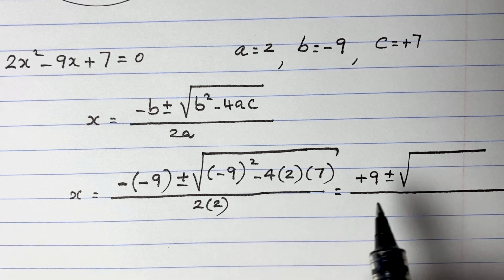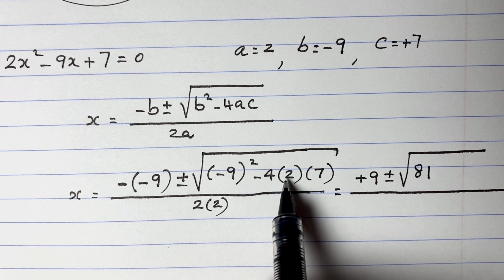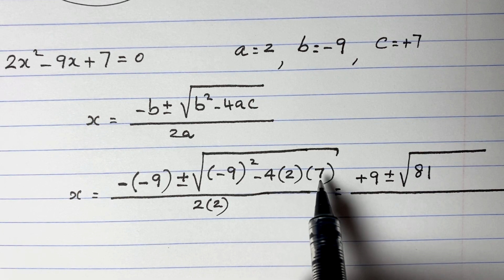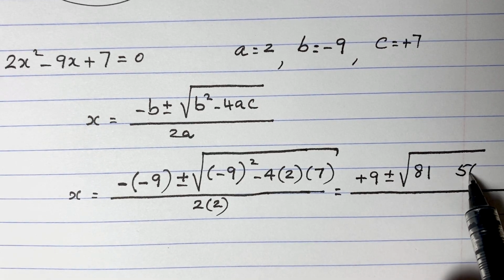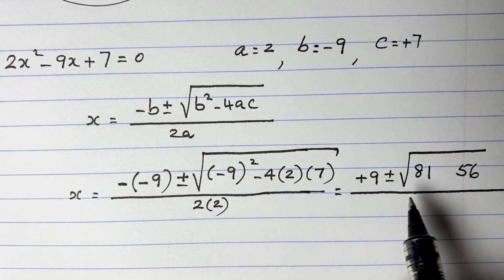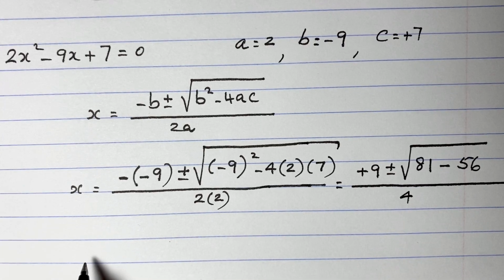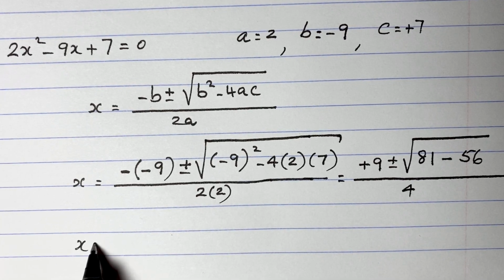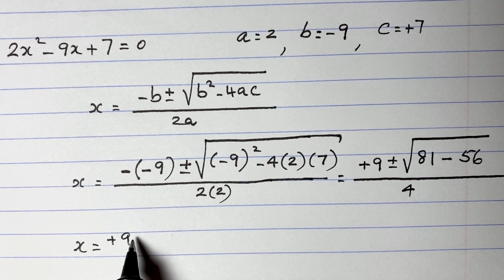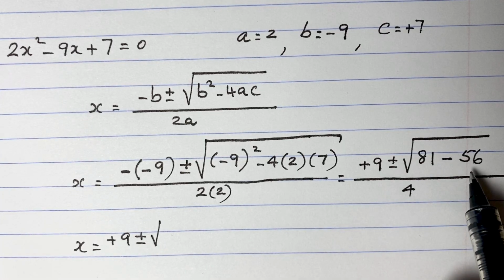Minus times minus is plus, 9 times 9 is 81. Then we have 4 times 2, 8. 8 times 7, 56. Minus times the plus is a minus, times the other plus is still a minus. 2 times 2 is 4. So here we have x equals plus 9, 81 take away 56. The answer is 25.